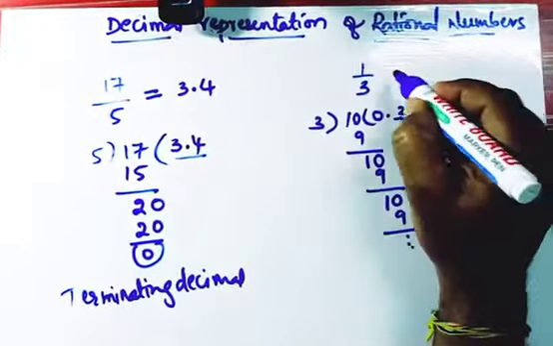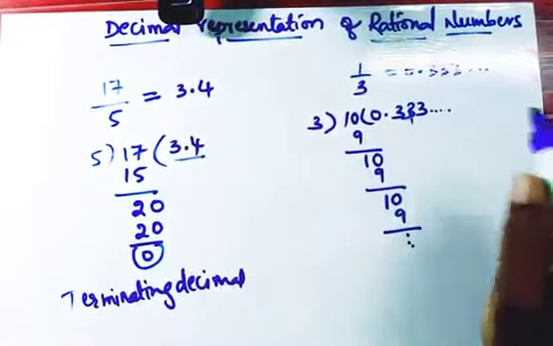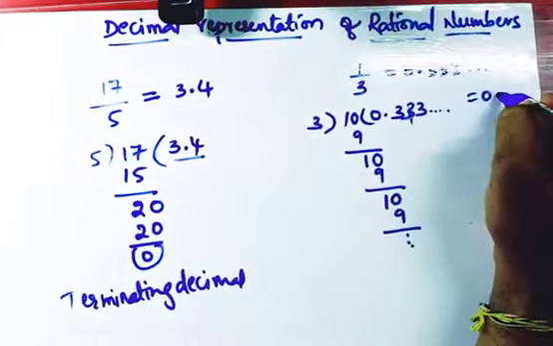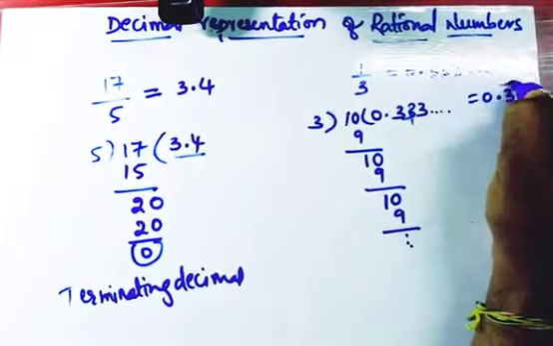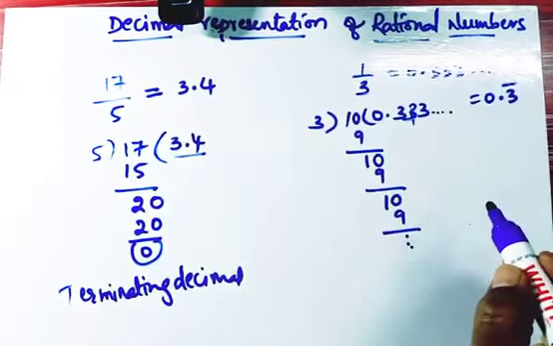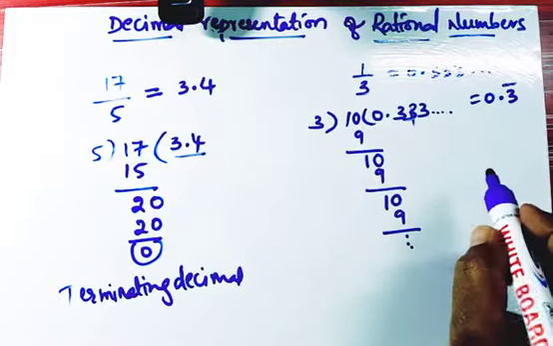So we can write 1 by 3 is equal to 0.333, and so on. We write this as 0.3 bar. The bar on 3 in the decimal part indicates it is recurring.